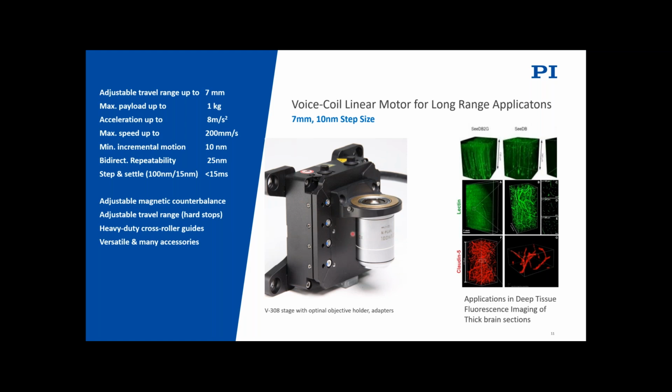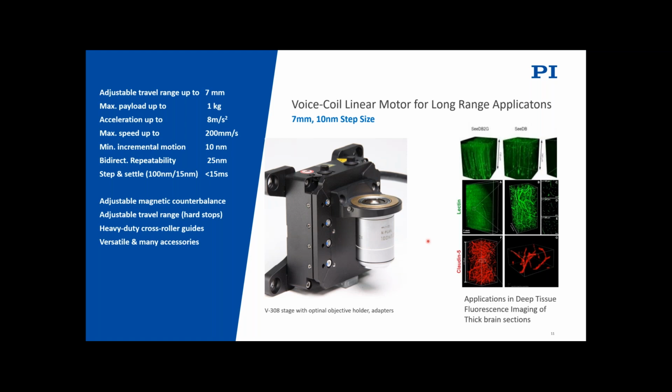And that really allows us to then use the full dynamic performance of the stage and allows us to reach several millimeters of travel with integrated optical linear encoders. We can achieve very high precision and dynamics.